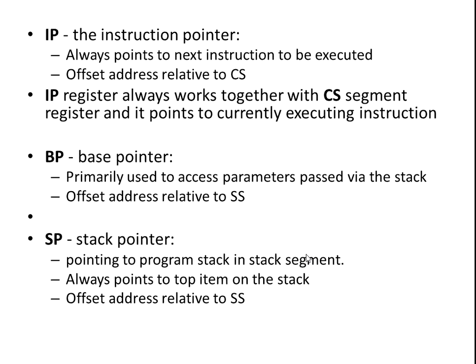It contains the offset of the next word of the instruction code instead of its actual address. So we can say that the IP register always works together with the CS segment register, where the CS segment register points to the currently executing instruction, and IP points to the address of the next instruction to be executed.